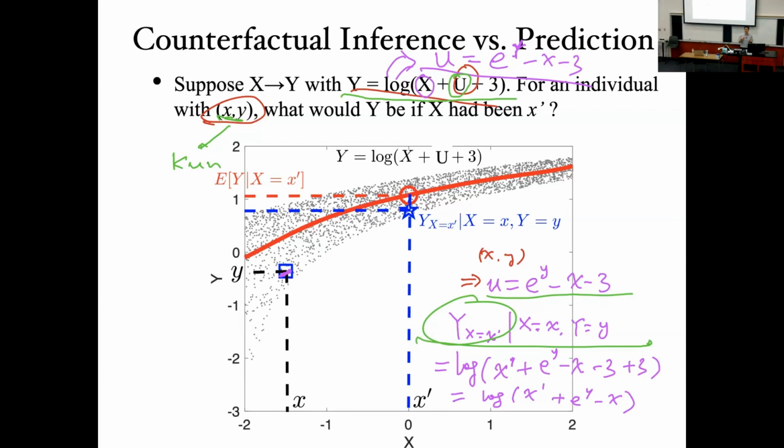Good. And now you try to see the value of y if x had been a different value x prime for me. That's why you want to make use of small x, small y to characterize this particular subject and the new value of x, because you are doing intervention. So the x will be new, but the y is the old y.